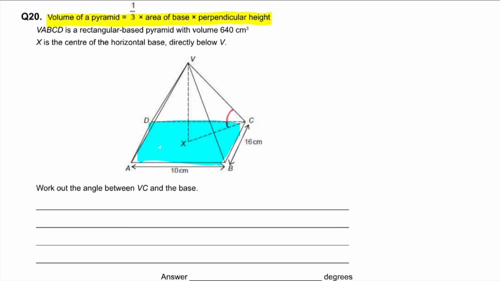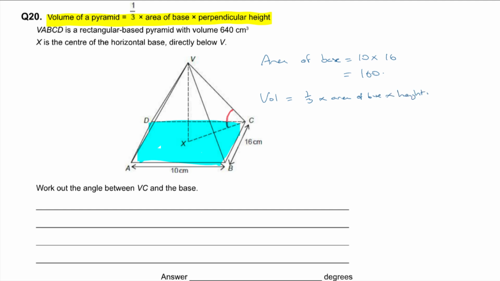So area of base, that's going to be 10 times 16. That's 160. Okay, and then we know that the volume is 1/3 of area of base, which we just found, times the perpendicular height.